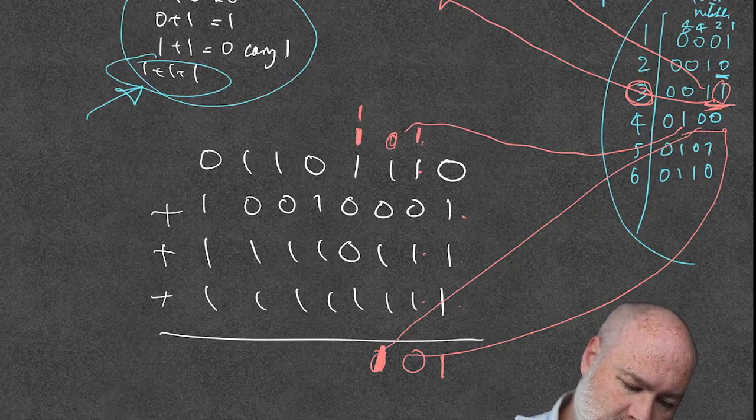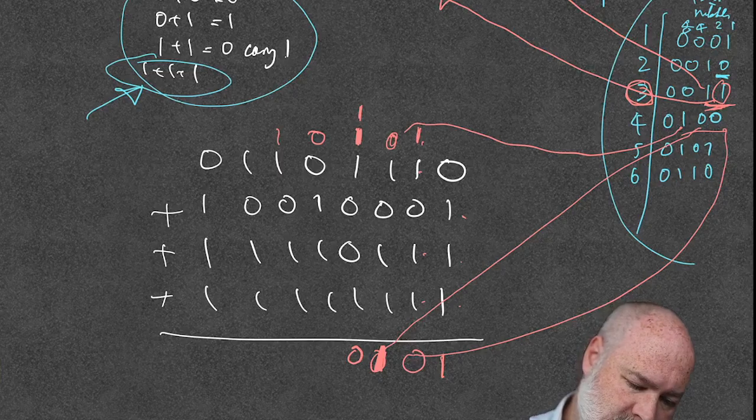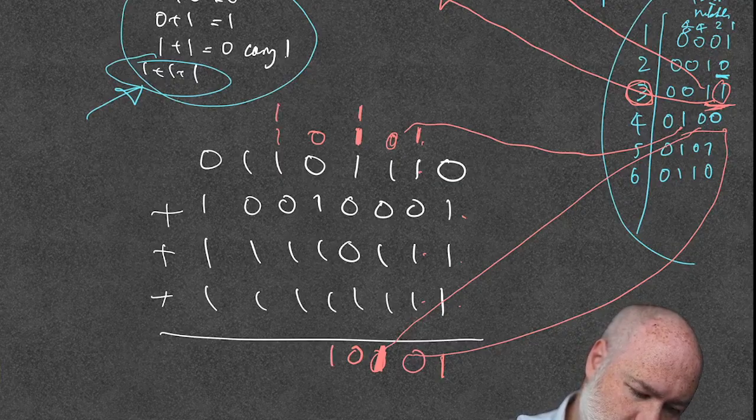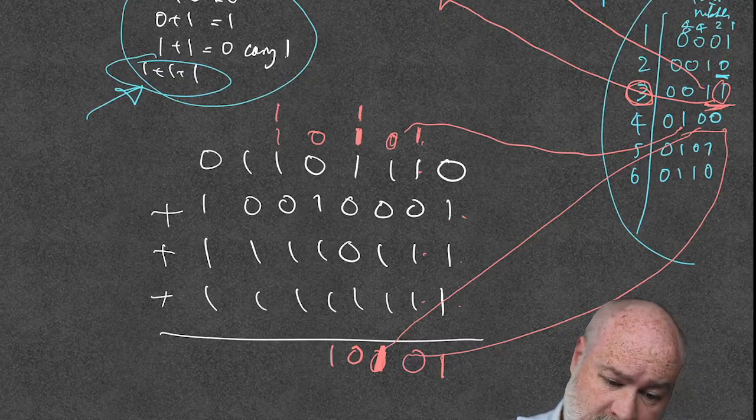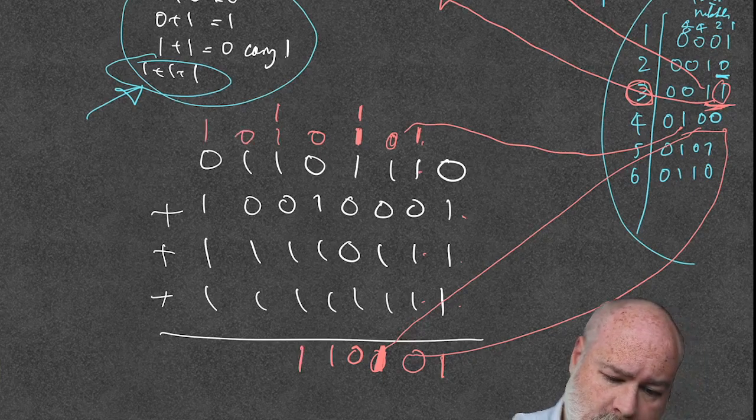So now we've got 1, 2, 3, 4 ones to deal with. So I'm going to put 0 in there, carry a 0, carry a 1. This is going to be a better representation of it. 0, 0, 1, 1, 1 is a 3, so I'm going to put 1 in there, carry the 1. 1, 1, 1, 1, 1, that's 5 ones. So I'm going to put 1 in there, carry a 0, carry a 1.